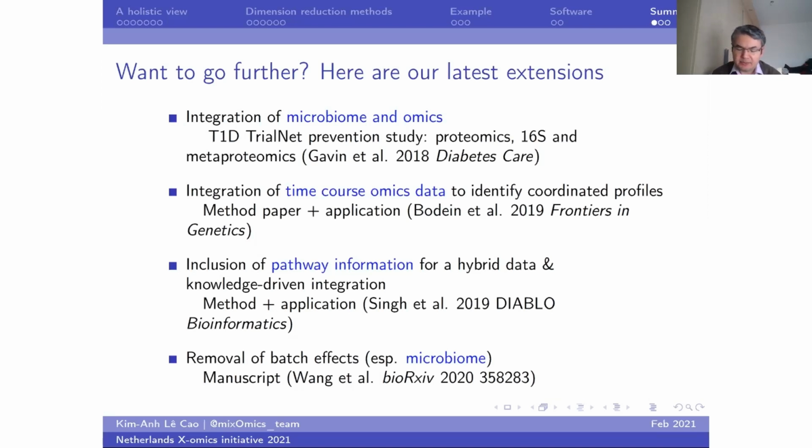But in one of the examples, you also showed that when you integrate 4 different omics types, one of them was explaining at least one category or one class very well.